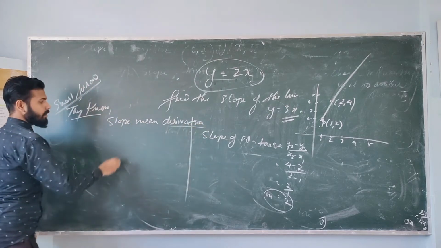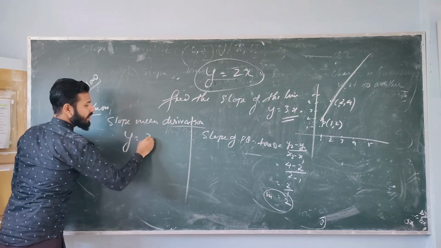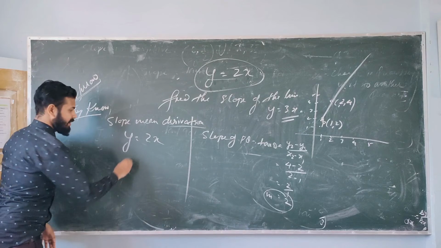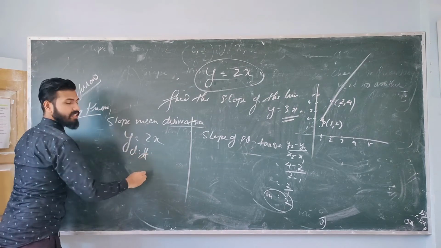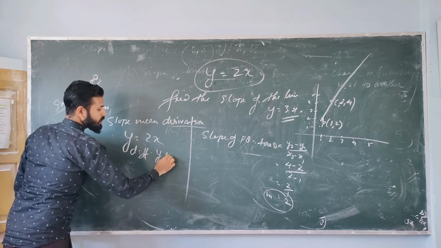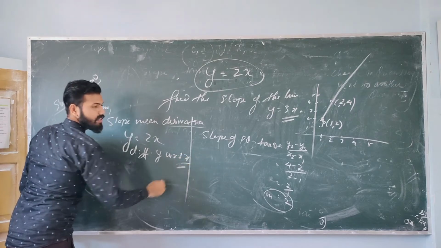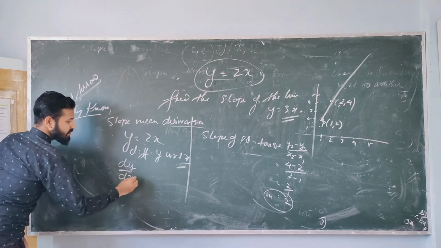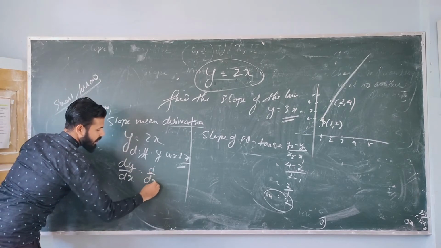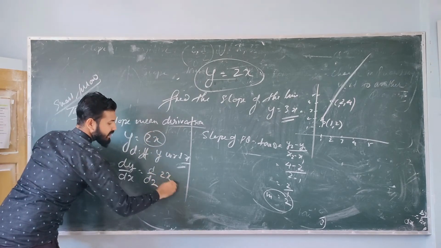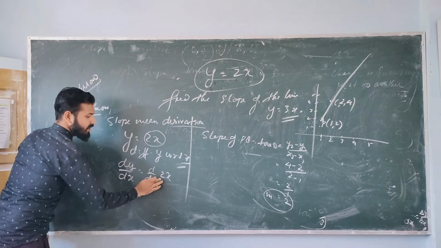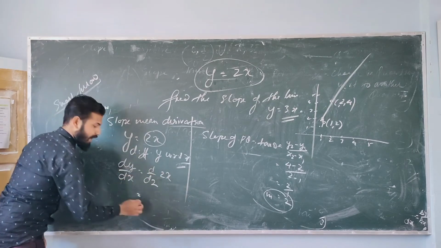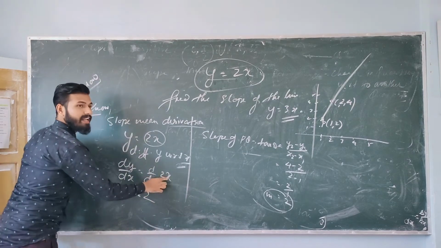Slope is derivation. That means, what was given? y equal to 2x. So what will you do? Derivation of y with respect to x, so they will do dy by dx. That means d by dx of 2x. I told you the derivation of a coefficient times x: the coefficient comes out front.